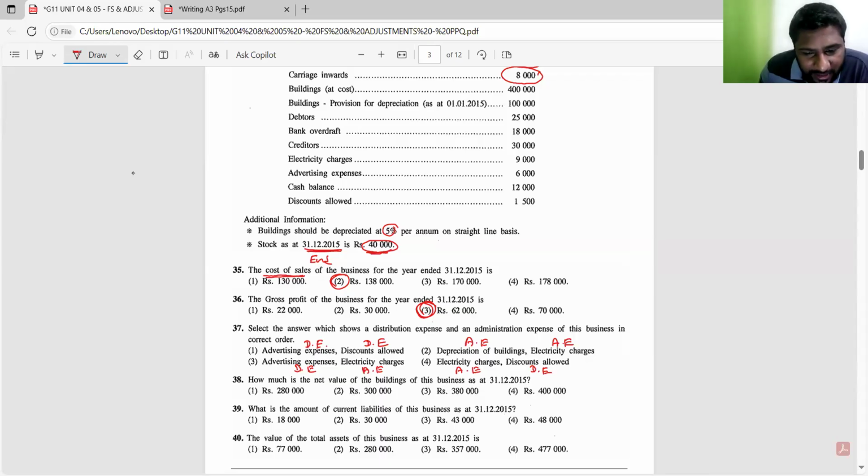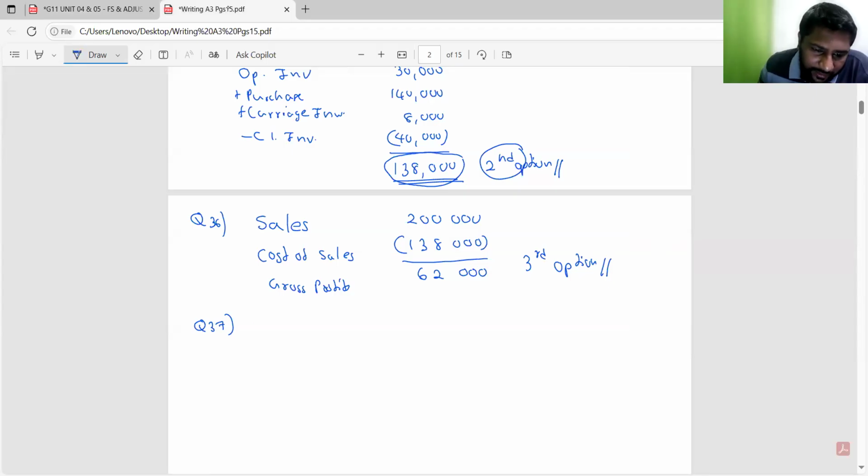So they are asking distribution expense and then admin expense in the correct order, which is there in the third option. Third option is the answer.